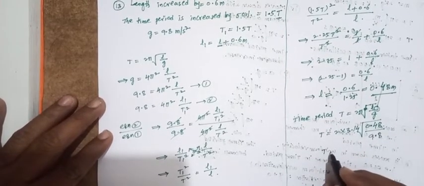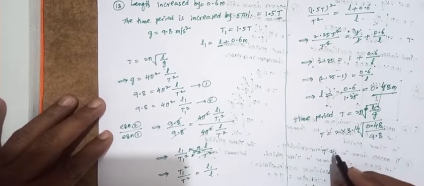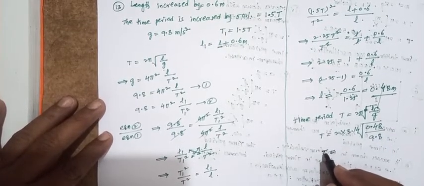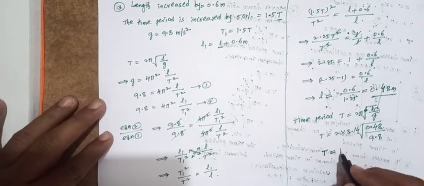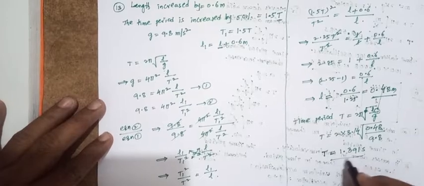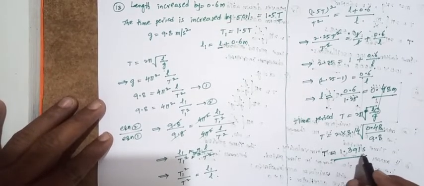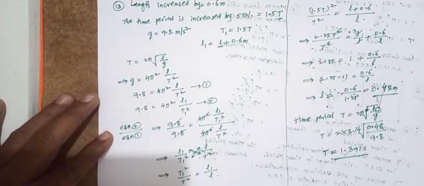The calculation of this term using a calculator gives the time period T equals 1.391 seconds. So this is the initial time period, T equals 1.391 seconds.